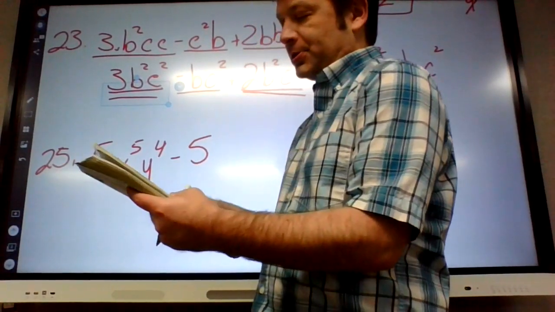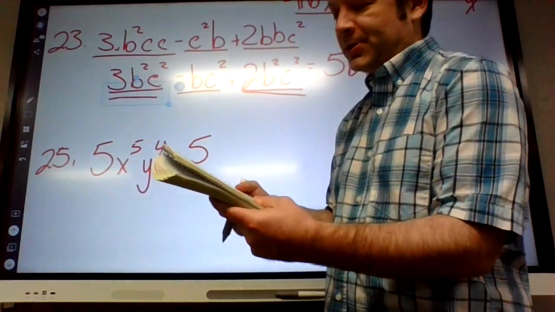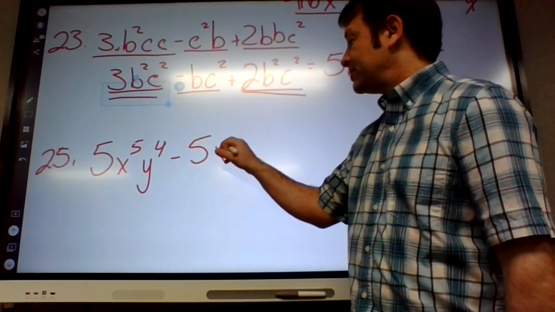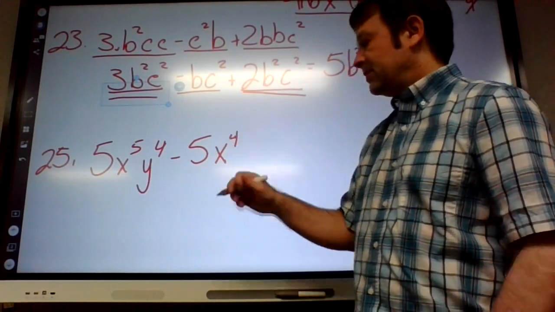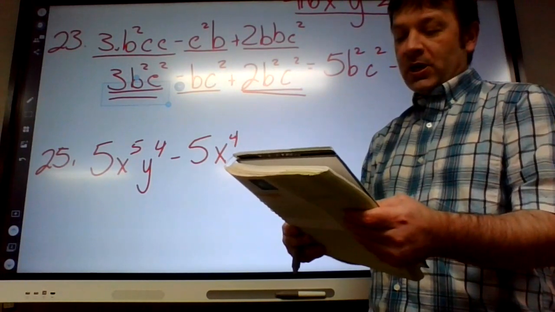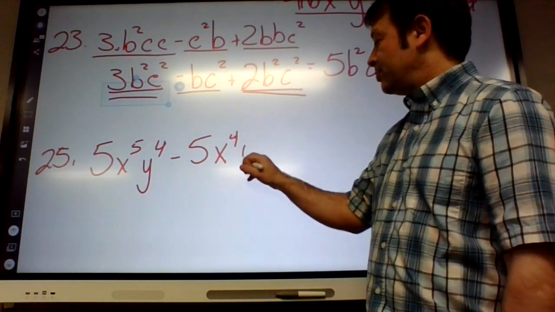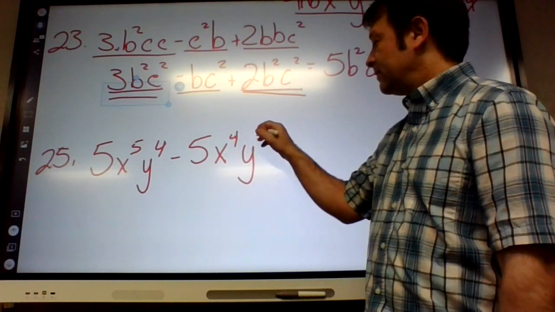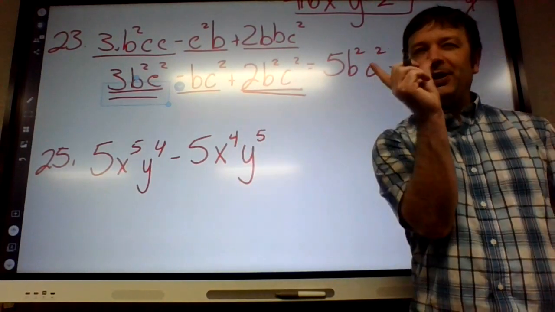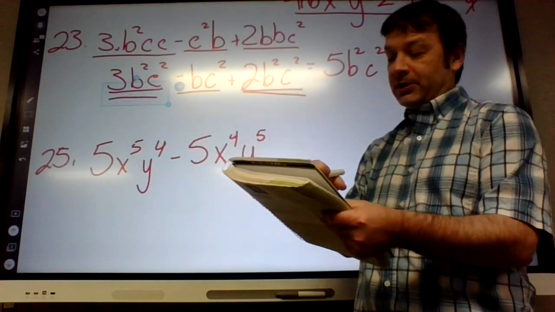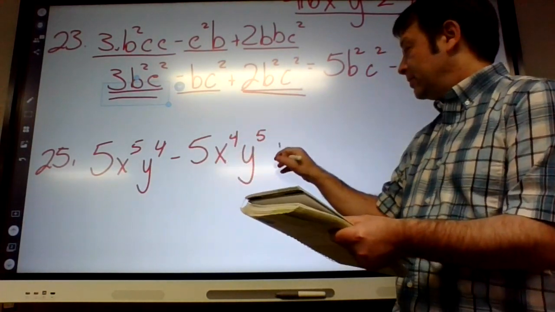We got x to the third times x on the second term. So that would be x to the fourth. Then I see y squared times y to the third. That would be y to the fifth. So we're just multiplying inside each term. I didn't write the problem down, I'm just looking at the book on 25.